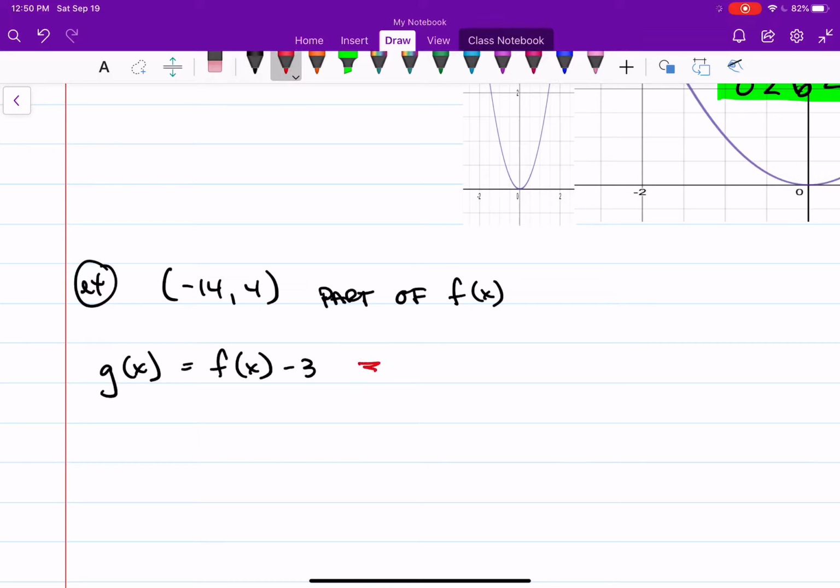So my negative 14, 4 will now go to negative 14, 1.